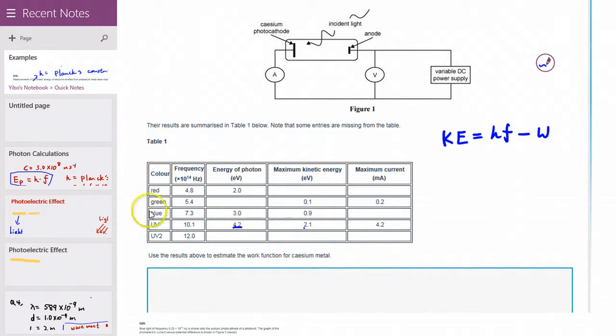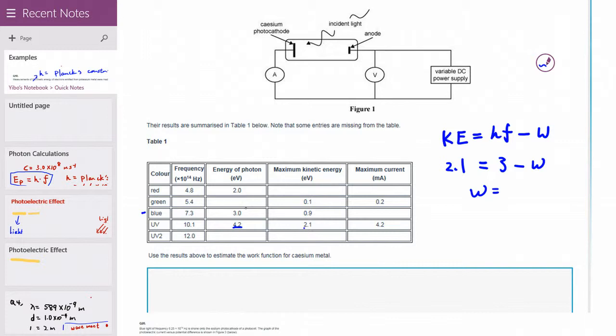Let's use the blue light first. When we use blue light, the energy of the photon, hf, is 3 electron volts.